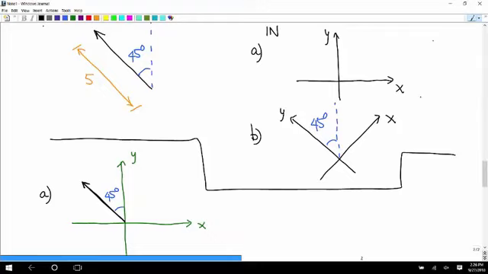To figure out theta, we start at the positive x-axis and figure out how far we have to rotate counterclockwise to run into the vector. So we're going to start like this. If we rotate 90 degrees, we're like this, and then 45 degrees more, and we're at 135. So theta for this is 135 degrees.